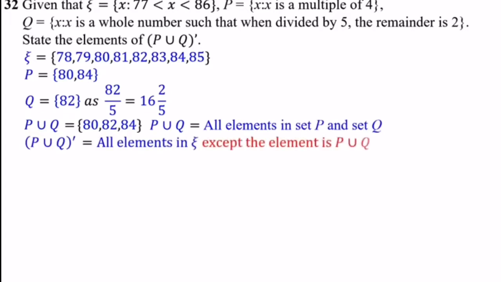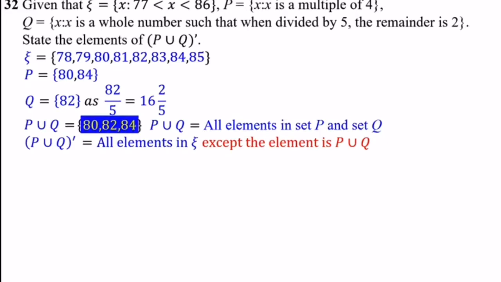So we always refer to the universal set. These are the three elements of P union Q, so we cannot take them into consideration.